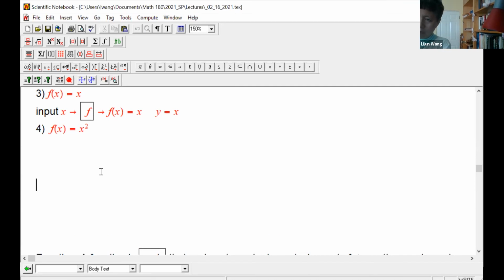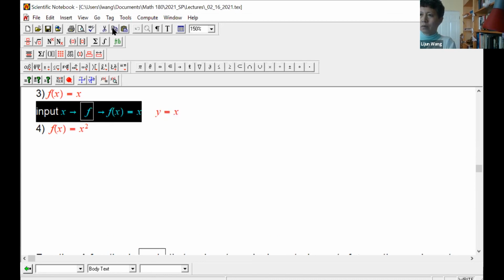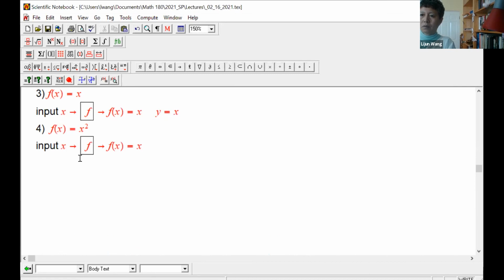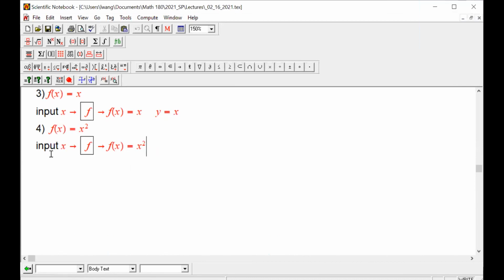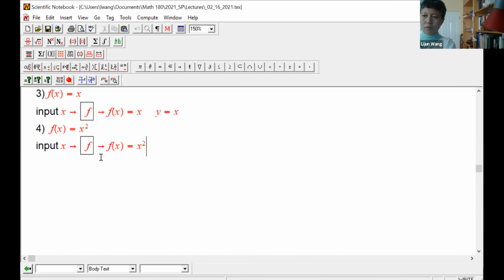This is certainly a function. What kind of rule is that? Any input you give me, I'm going to take the input and multiply it by itself. That's the rule.